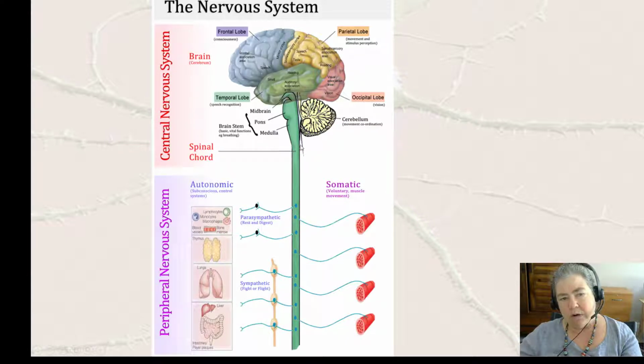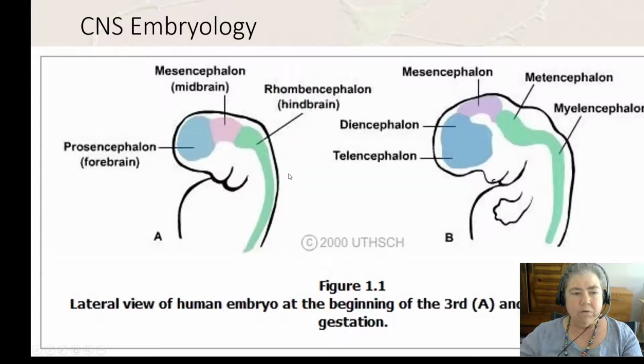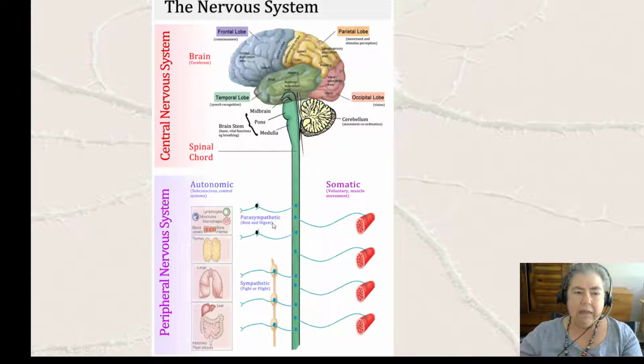In the peripheral nervous system, we have cell bodies that are close to the spinal cord that are involved in the autonomic nervous system, where again there are cell bodies in the spinal cord that communicate with ganglia that are close to the spinal cord, sympathetic and parasympathetic, or the sympathetic ganglia are close to the spinal cord.